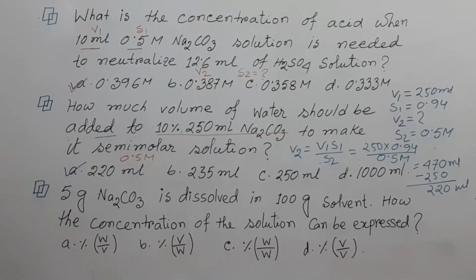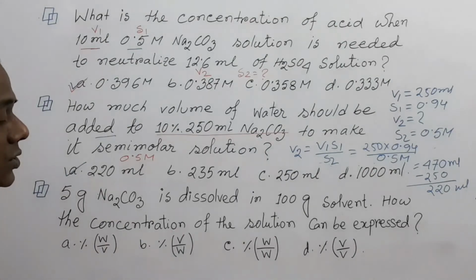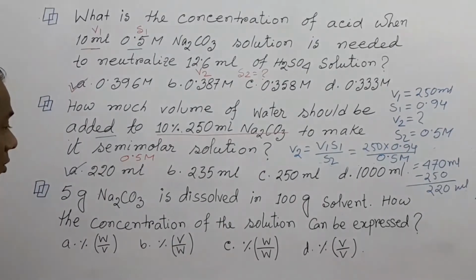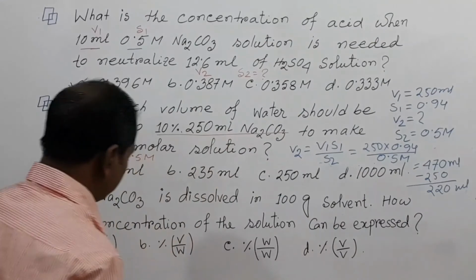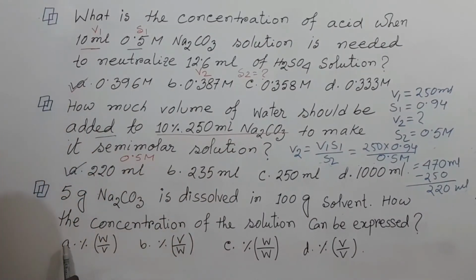Now, my dear students, next question: 5 gram sodium carbonate is dissolved in 100 gram solvent. So how can the concentration of the solution be expressed? Option A is W by V, that means weight by volume.